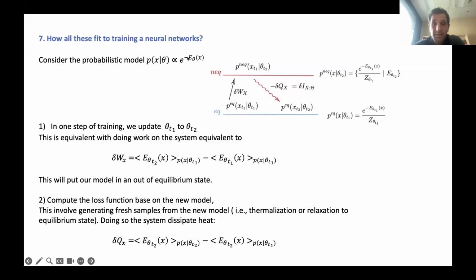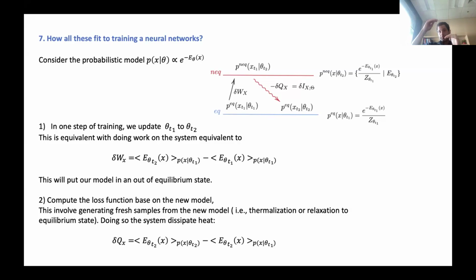This changes the energy landscape of your system rapidly. That means that you are doing work on your system. And the amount of work can be computed by changing the average energy of your system with the new energy function minus the old energy function. And immediately after that, your system is out of equilibrium.